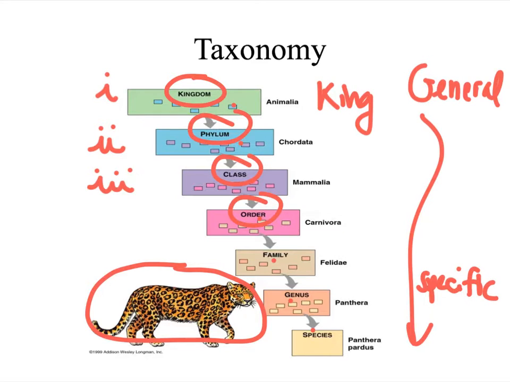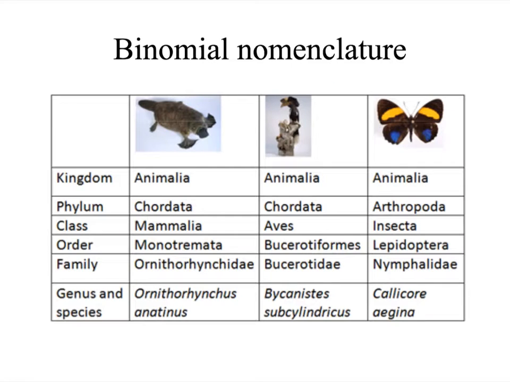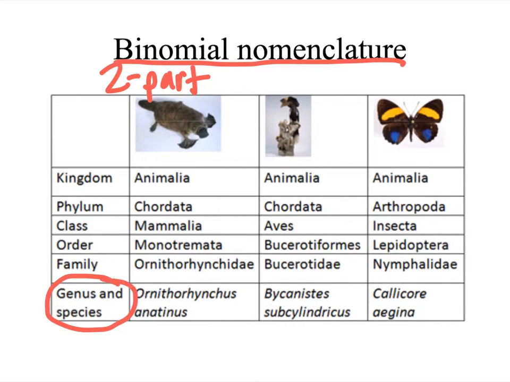And this is where the naming system comes in. The naming system is called binomial nomenclature. And I'm actually going to move to a new slide to show you how this works. So binomial nomenclature, it's a two-part naming system. Why again is it important to classify first? Well, when you name an organism, you use the last two levels, which are the genus and the species.